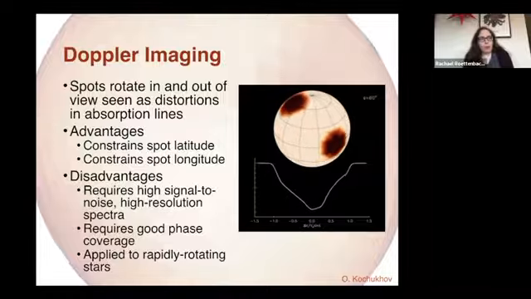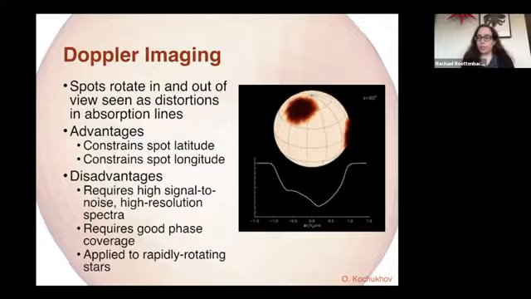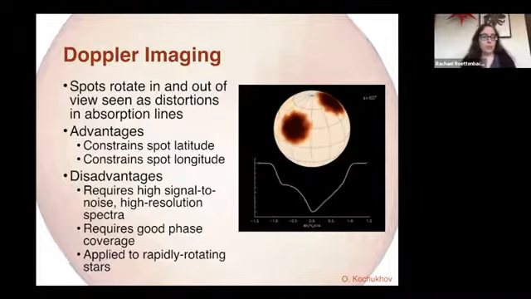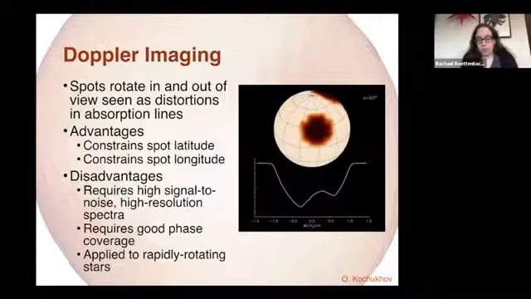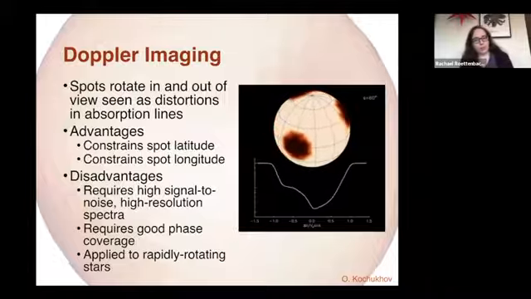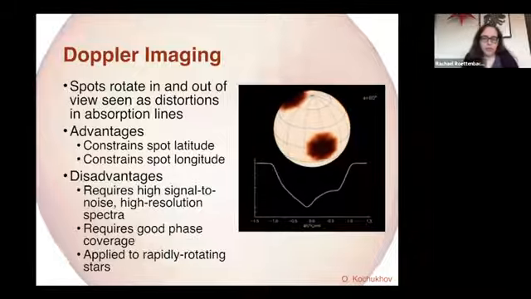The problem, though, is that this is a bit more observationally expensive than photometric observations. It requires some pretty high signal to noise observations with high resolution spectra. We do require that we have pretty good phase coverage in order to make these images.